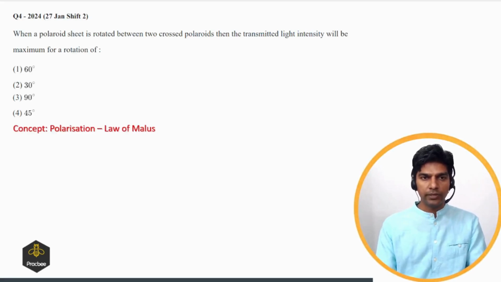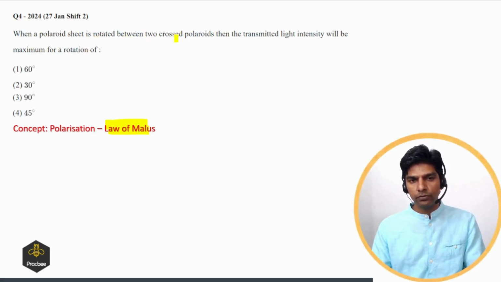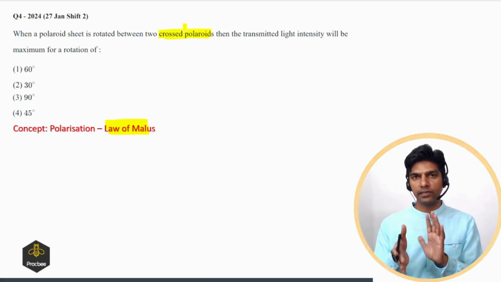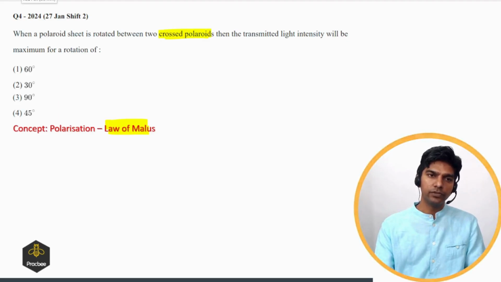Now that is the question based on the first problem type, which is law of Malus. When a Polaroid sheet is rotated between two crossed Polaroids, meaning the two Polaroids have their pass axes perpendicular to each other, then the transmitted light intensity will be maximum for the rotation of, okay, right. So let me just first draw the diagram.